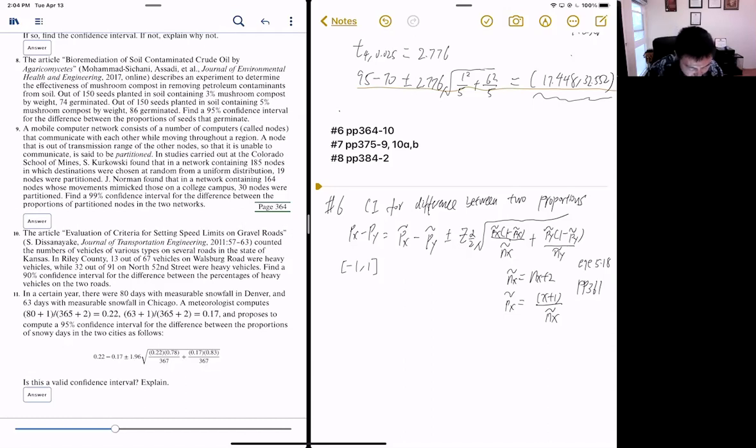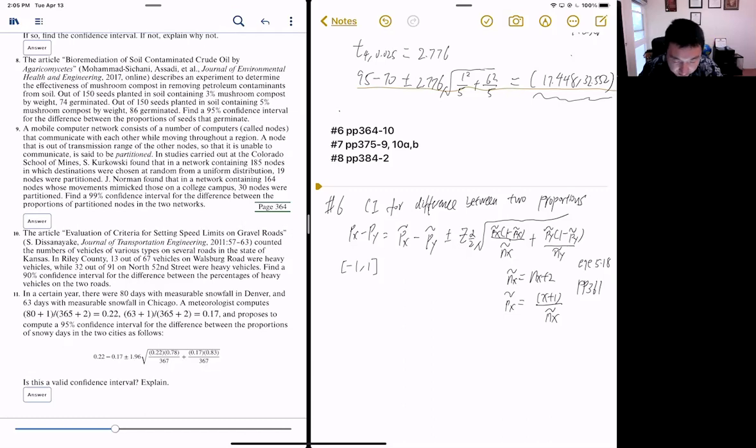In Ready County, 13 out of 67 vehicles on Wattsburg Road were heavy vehicles, while 32 out of 91 on another road were heavy vehicles. So it's asking for the 90% CI for the difference between these two proportions, these two percentages.